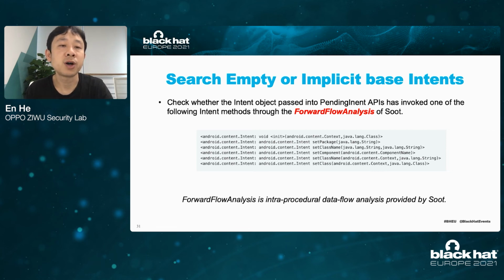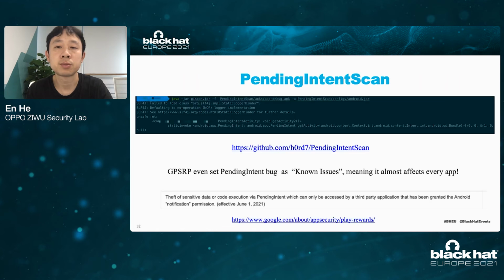The forward flow analysis is intra-procedural data flow analysis provided by Soot. We have open sourced the tool on GitHub. You can download and try it. By using the tool, we found many pending intent issues in high-profile apps in Google Play. GPSRP even set the pending intent bug as a known issue, meaning it almost affects every application.